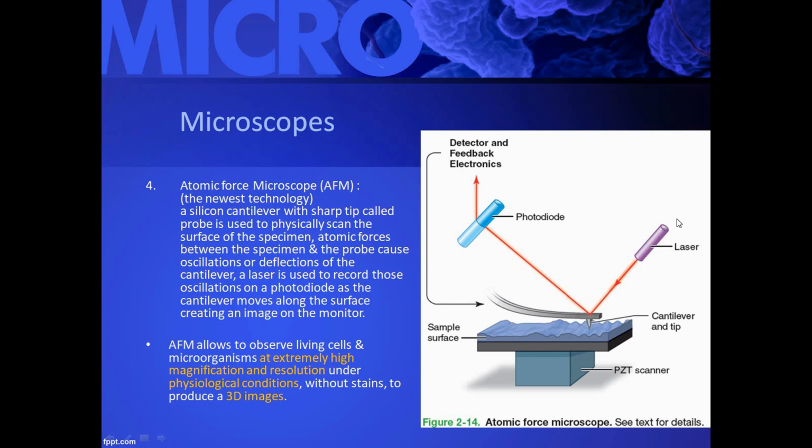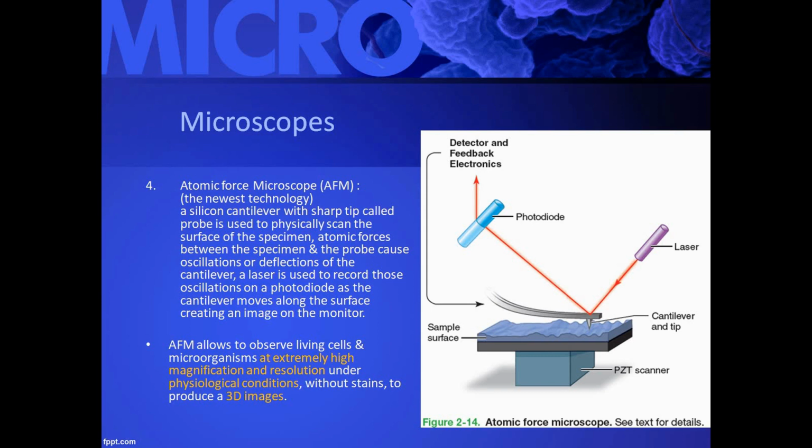So we use a laser beam to magnify that effect on a photodiode, which translates it into a signal for a detector that can create an image of the surface of the specimen. So AFM allows us to observe living cells and microorganisms at extremely high magnification and resolution under physiological conditions, without stains, to produce 3D images.